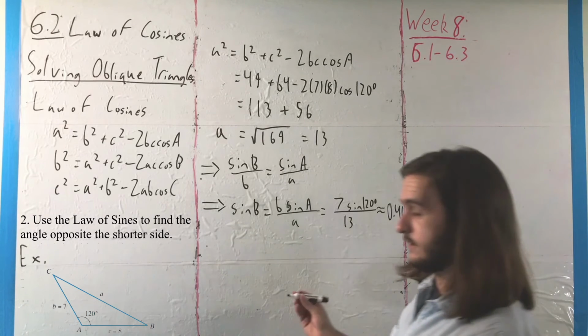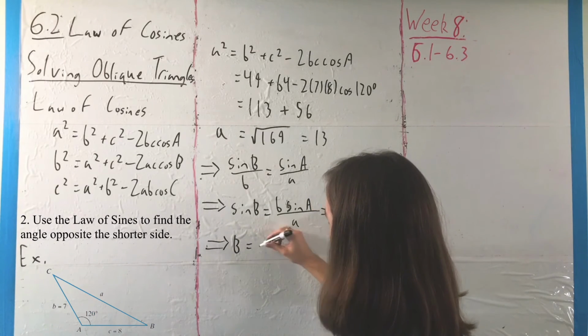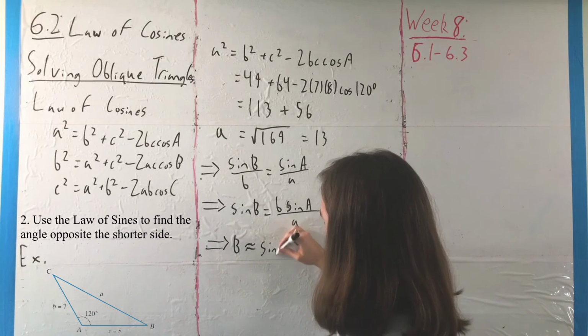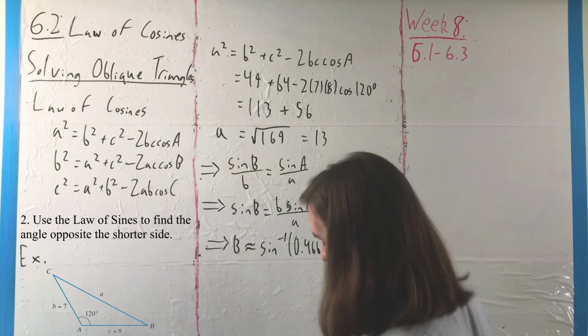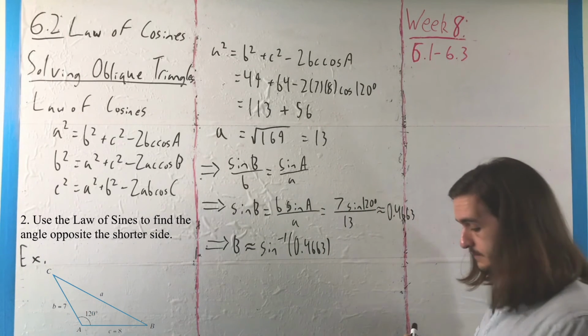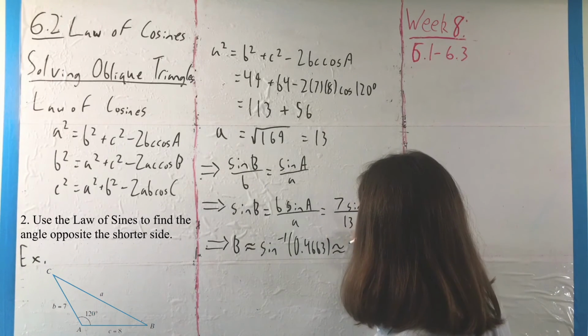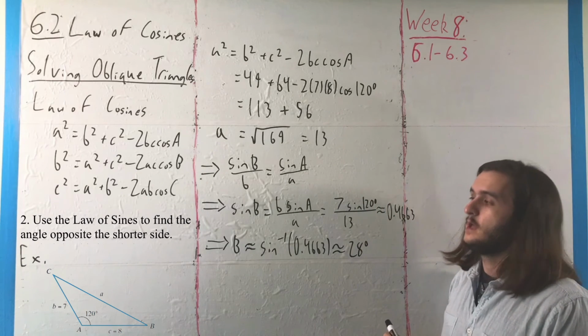And then that means B is approximately equal to the inverse sine function at 0.4663, which will give an approximate angle measurement of 28 degrees.